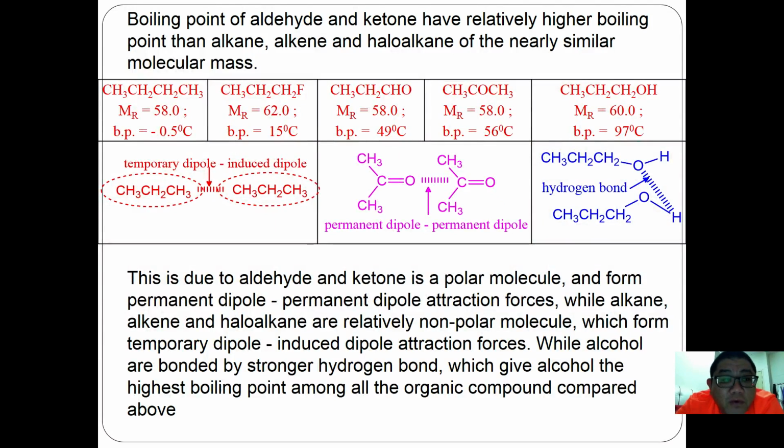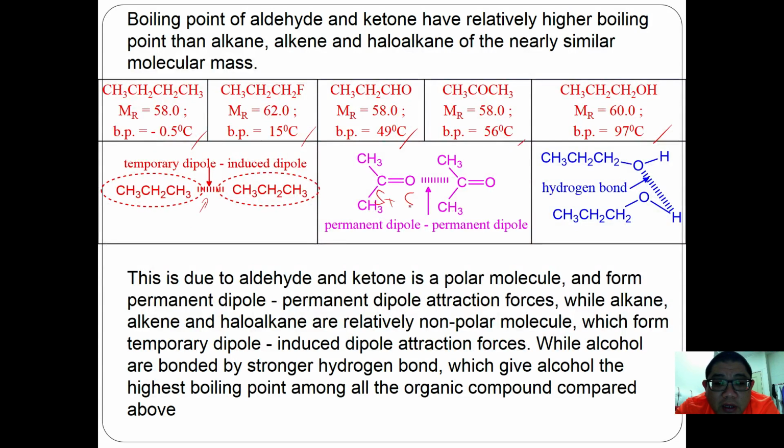So if we were to compare, let's say, butane, fluoropropane, the aldehyde propanal, propanone, and then these alcohols. Okay, butane and fluoropropane are considered non-polar molecules, so they are held by temporary induced dipole-induced dipole forces, whereas aldehydes and ketones bear a partial positive and partial negative charge.